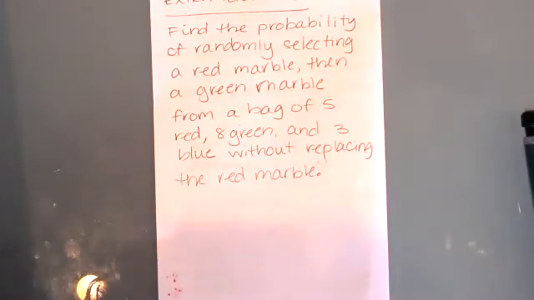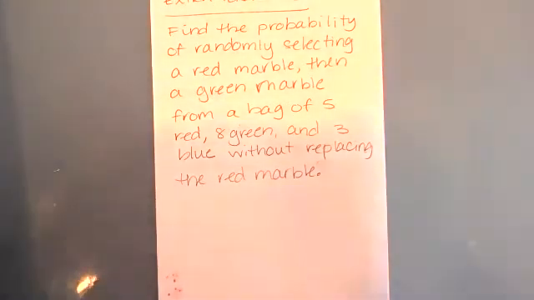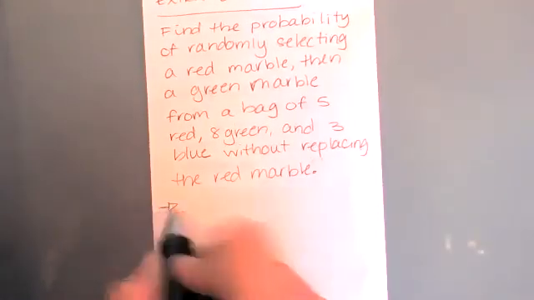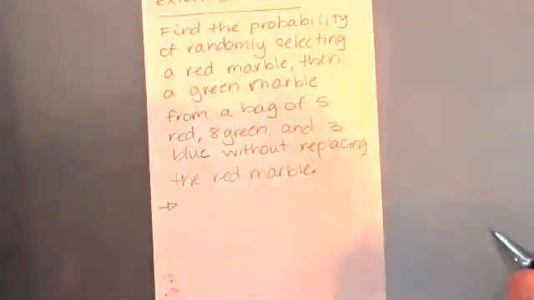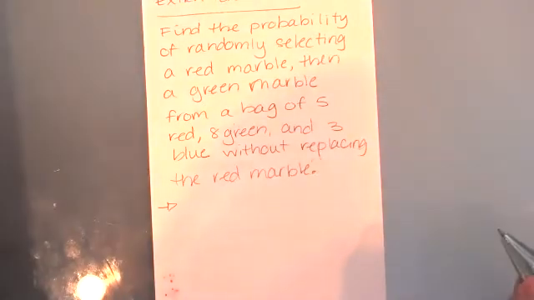So should we try this together? Do you want to try it on your own? Can we try it together? Yeah. Does everybody have the question written down, or as much of it as you need? Okay.